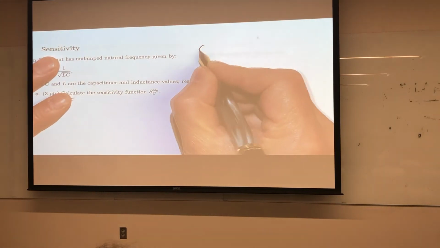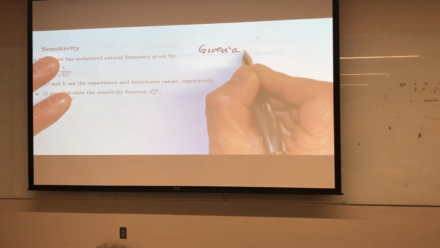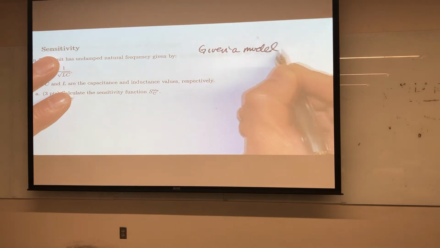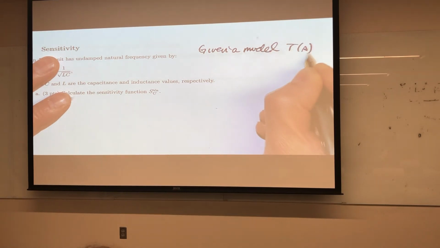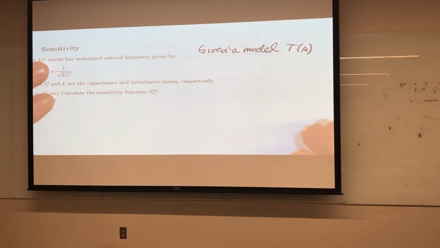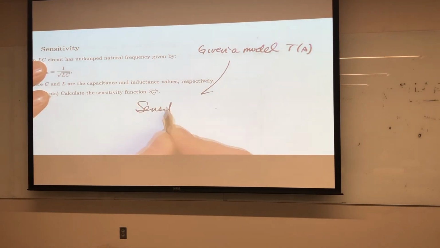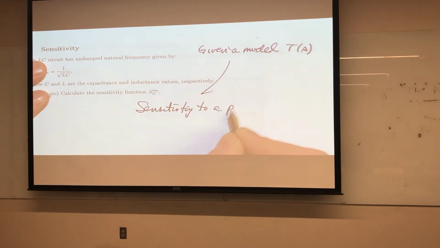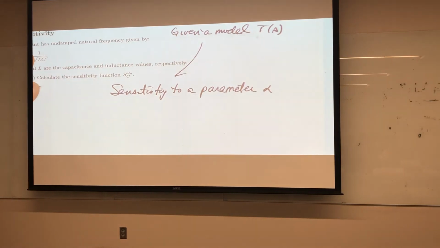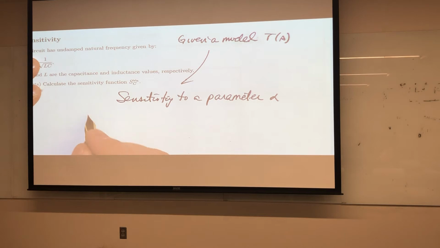If you have a model, let's call it the model T of S, T for transfer function, then sensitivity to a parameter, say the model has a parameter, let's call it alpha. Inside this model there's a parameter alpha. Then sensitivity is this function.